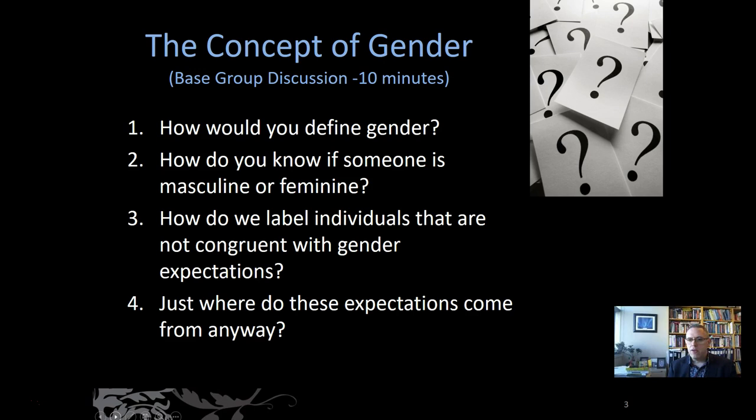And then when we think about how we label individuals that are not congruent with gender, we know that if men's social performance is not consistent with how people feel men should be, they may be called a sissy. They may be called other names. They may be gay baited and implied that they're homosexual because they are more feminine in their presentation.